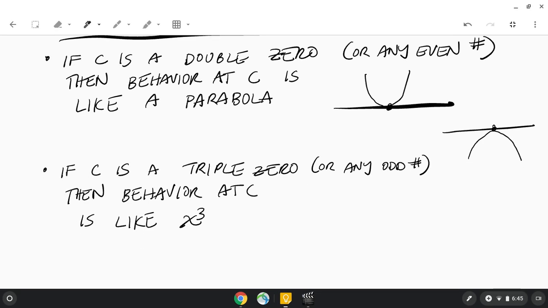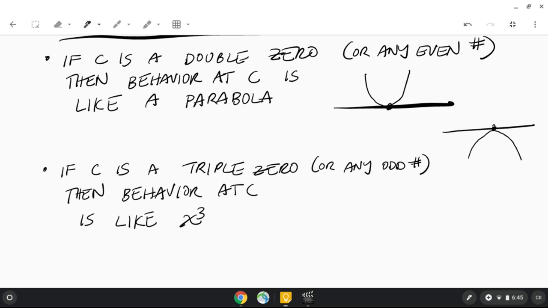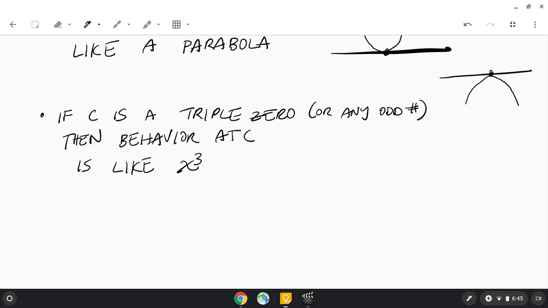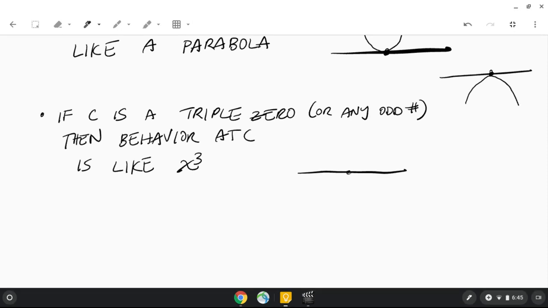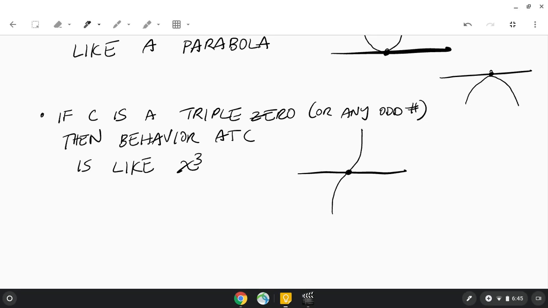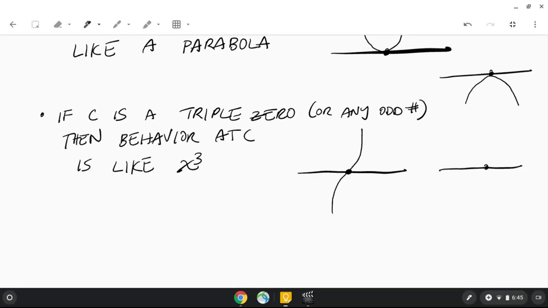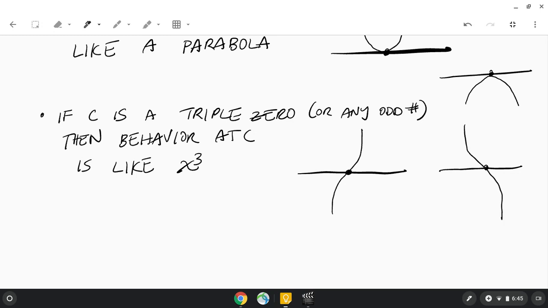So what happens here is if you end up with an x-intercept that repeats 3 times, then the graph behaves like x cubed. And it can also go the other direction too. And then it continues with the rest of its motion.